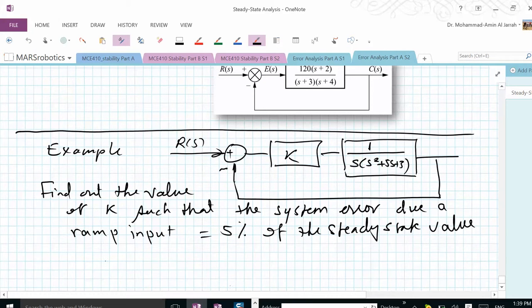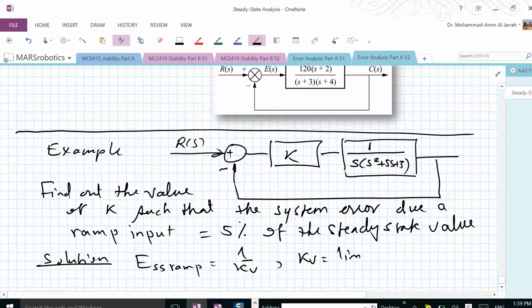So here we write the error to a ramp input. What is the error to a ramp input? Solution. The error to a ramp input, ESS ramp, equals 1 over Kv, where Kv equals the limit as S goes to 0 of S times G of S, and G of S here is K times 1 over S times S square plus 5S plus 3.